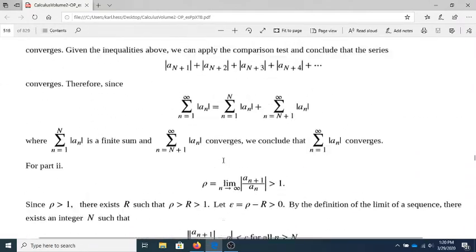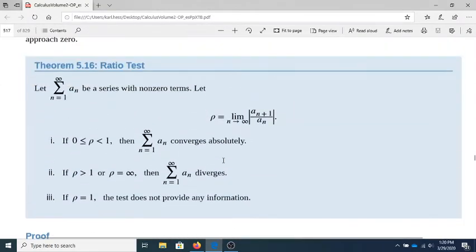Using the ratio test, we're almost there. The ratio test told us that if the limit is less than 1, then we can conclude that we have absolute convergence. And if the limit is greater than 1 or infinity, we can conclude divergence. But the ratio test tells us that if the limit is 1, then it doesn't provide any information.